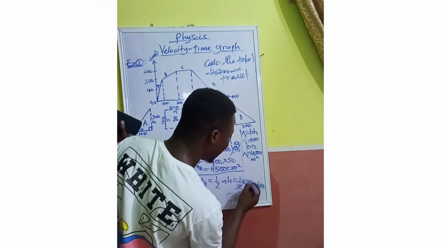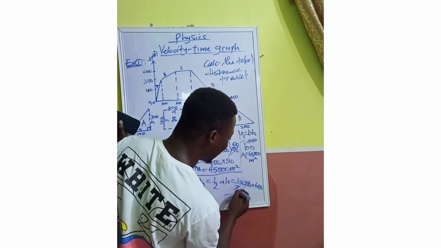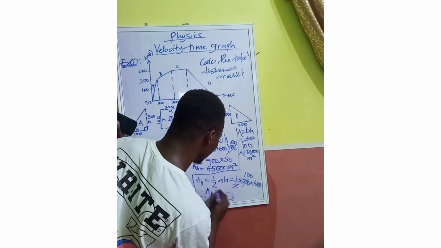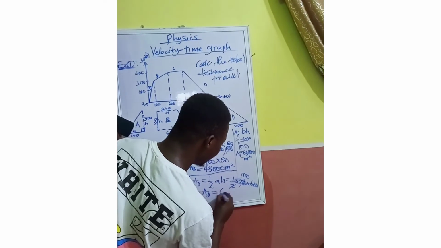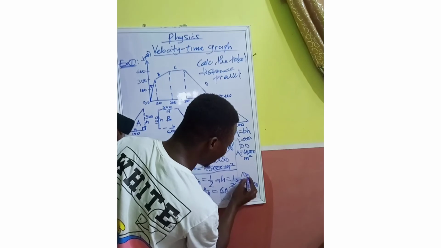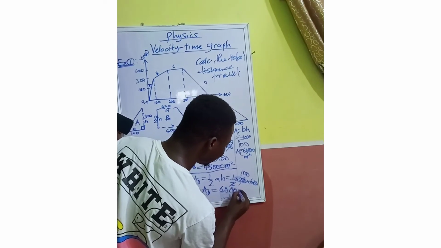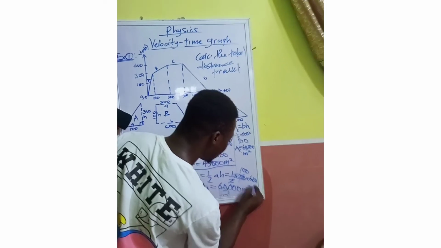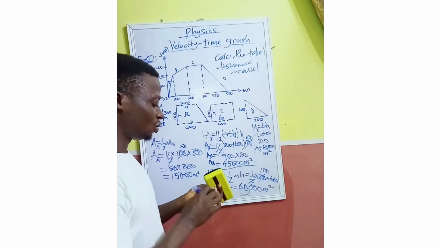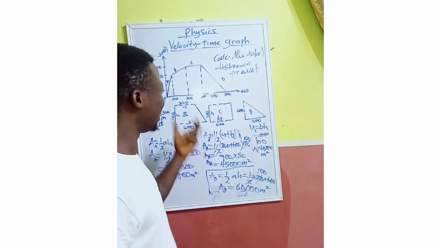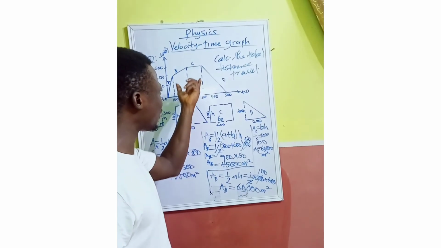If you divide 200 by 2, we are going to have 100, and this is going to give you the area of D, which is 100 times 600, and that's going to give you 60,000 in meter square.